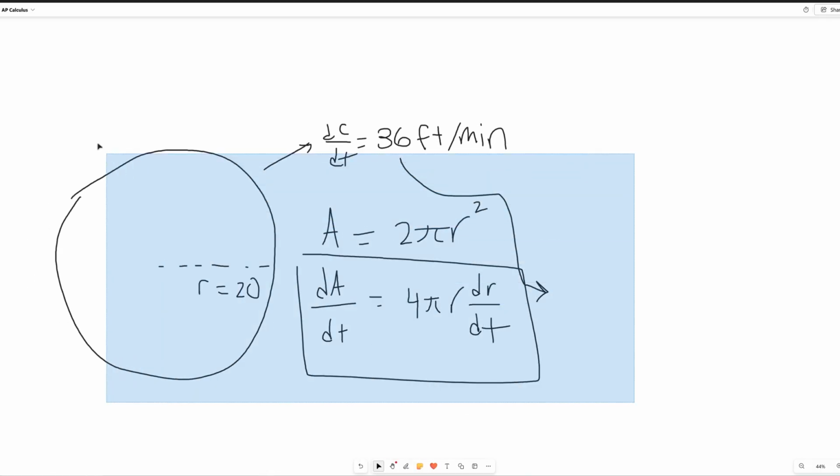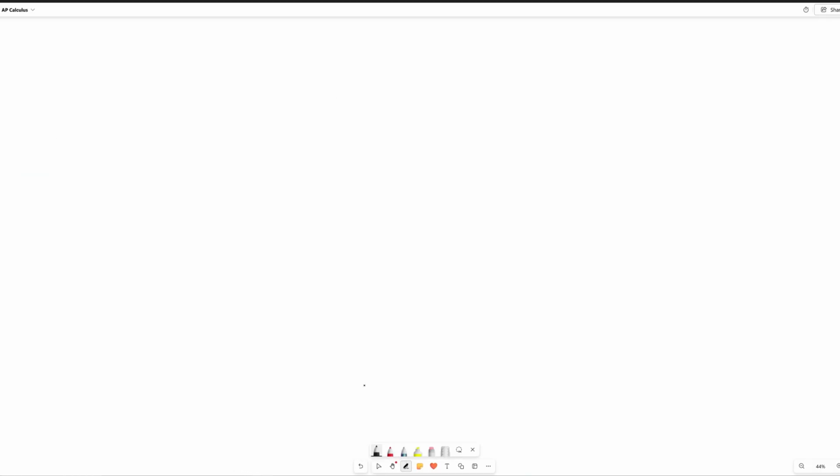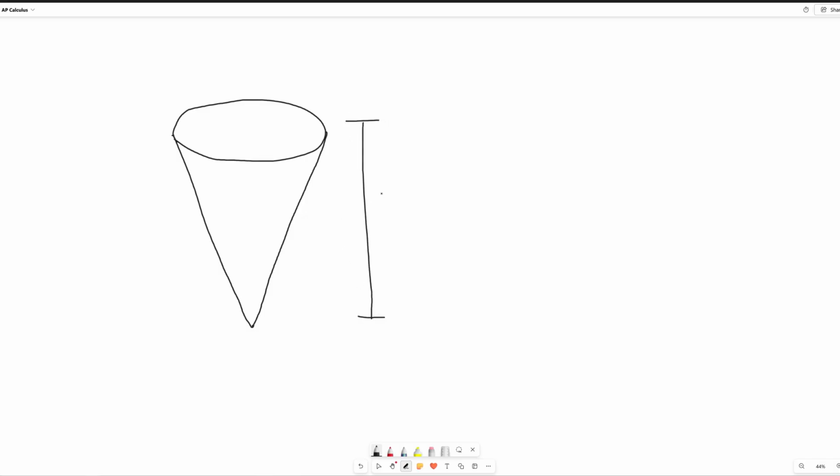We're going to do one last related rate, which is another even more common one. We're going to have a cone. And then this cone is going to have a height of 12 and a radius of 4.